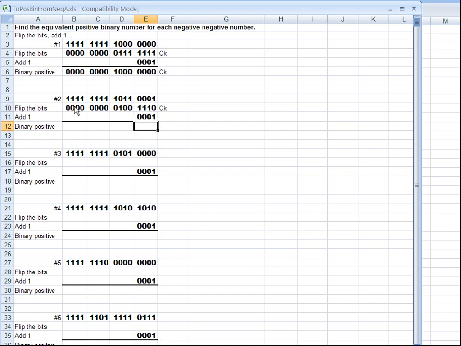If you got it right, it will come up with the OK prompt to let you know. Now, adding 1 to this one is easy. There's no carrying. So the last one is going to be 1, 1, 1, 1, 0, 1, 0, 0.